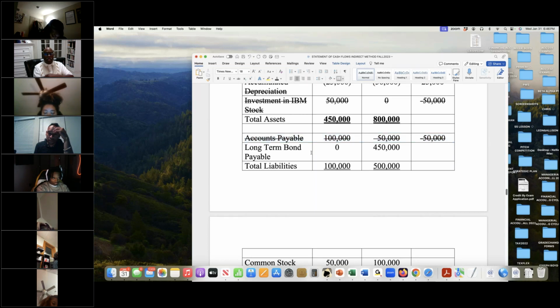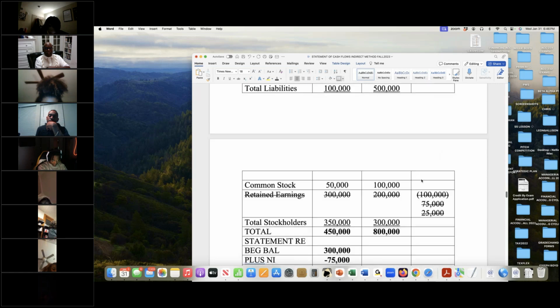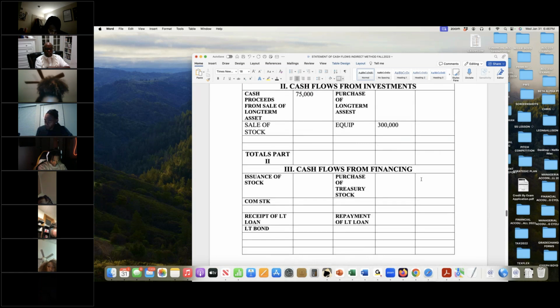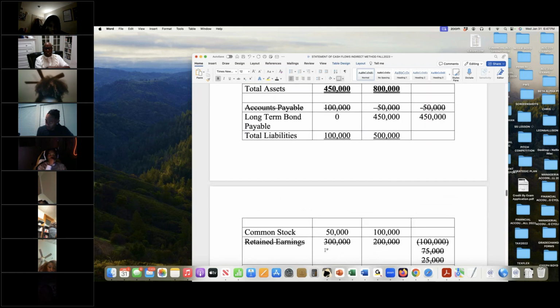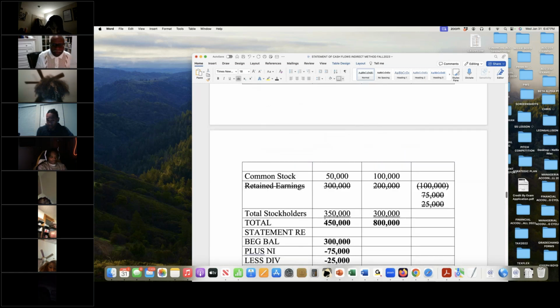The long-term bond went up by $450,000. If a liability goes up, if you go borrow money, that's a source of cash, but it's in part 3. That's $450,000. So we have the long-term bond done now. We only have one account to go, common stock. Common stock went from 50 to 100, so it increased.